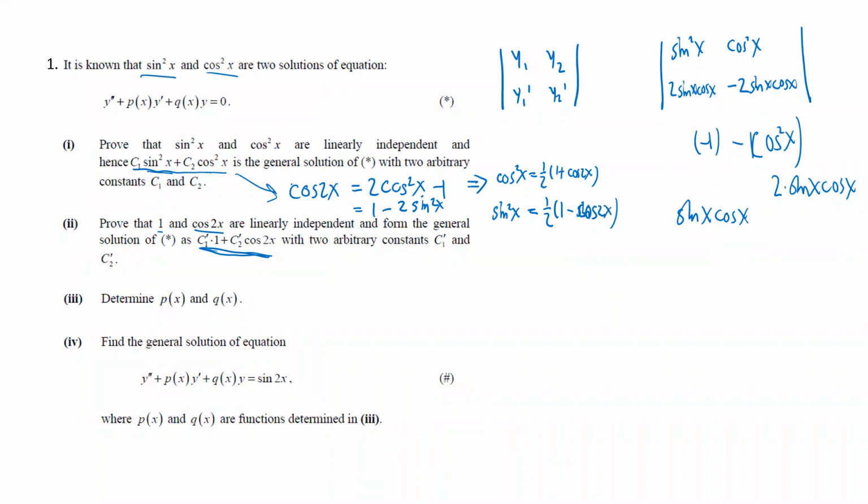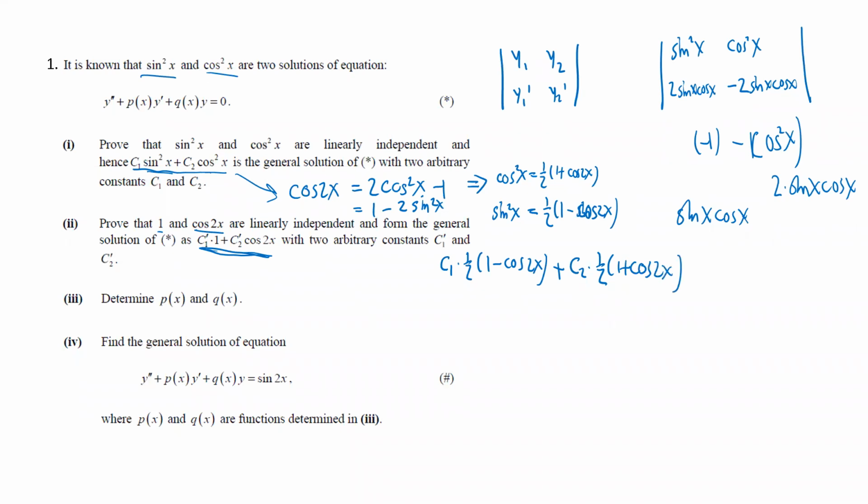So that means C1 sine square x plus C2 cosine square x is written like this, right? So C1 times 1/2 of 1 minus cosine 2x, plus C2 times 1/2 of 1 plus cosine 2x.